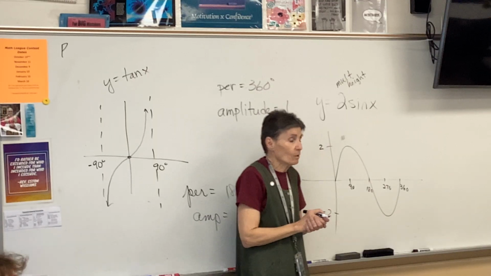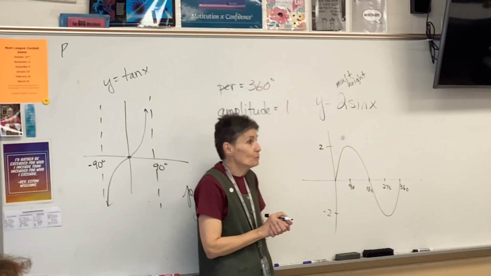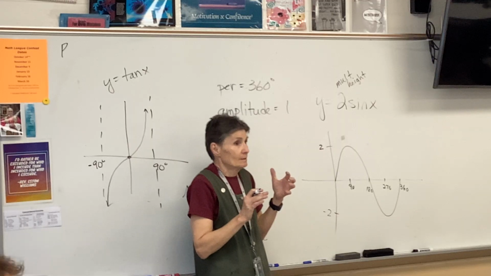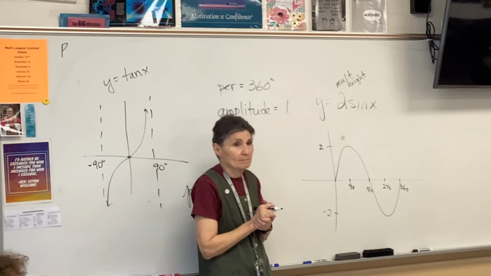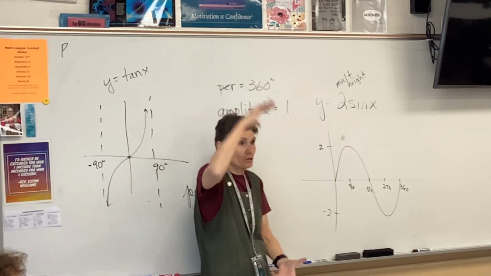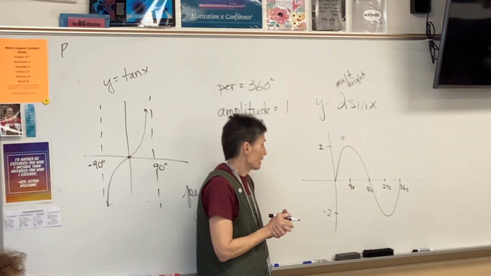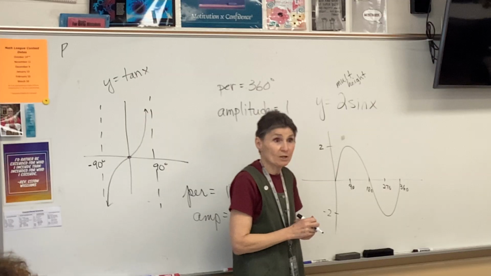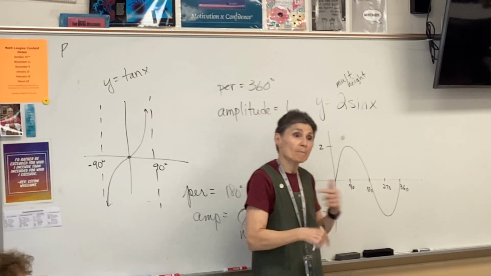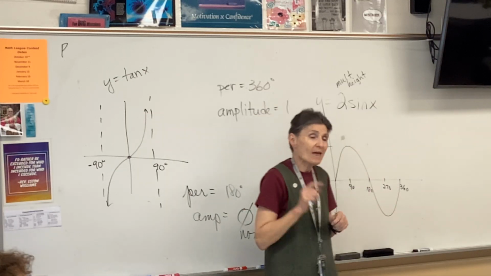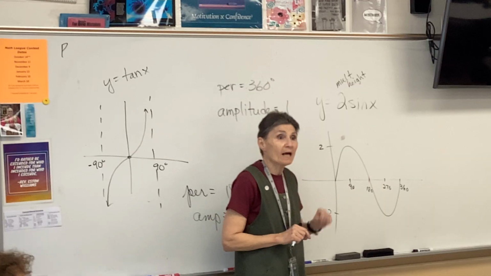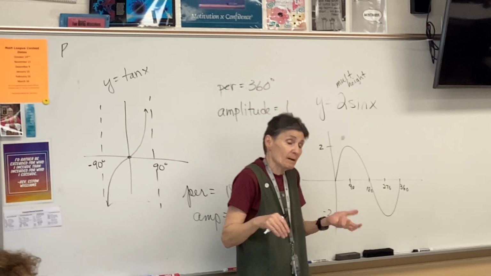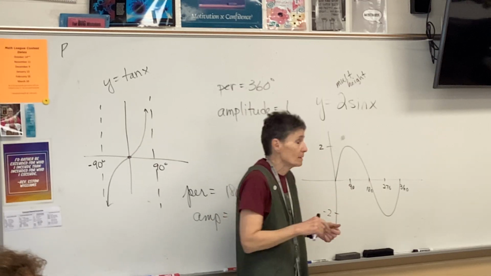AM radio, amplitude modulation. That's what AM radio is. Amplitude. What's FM? FM is frequency modulation, and frequency is the reciprocal of the period. That is a little bit beyond the scope of our class, but that's what it is. It's a reciprocal period.